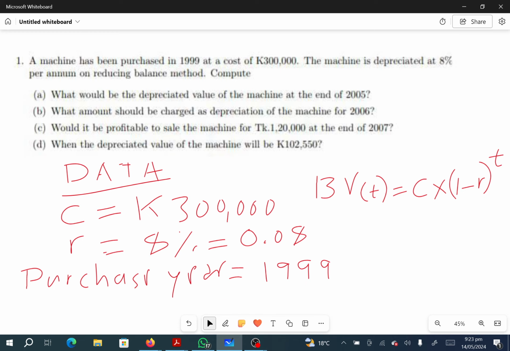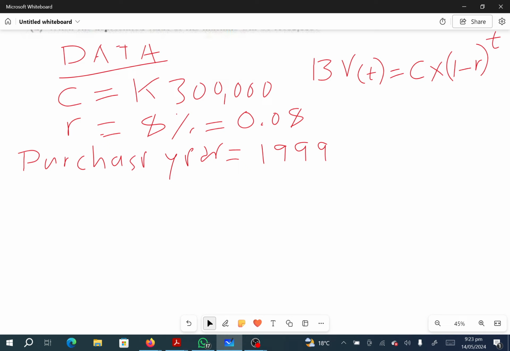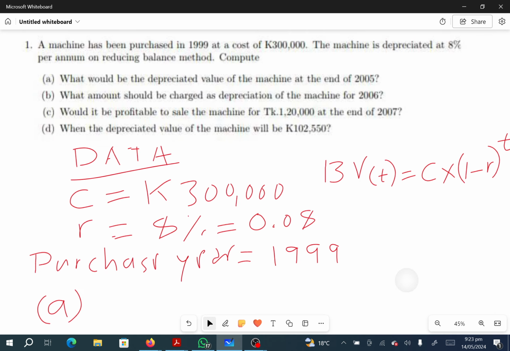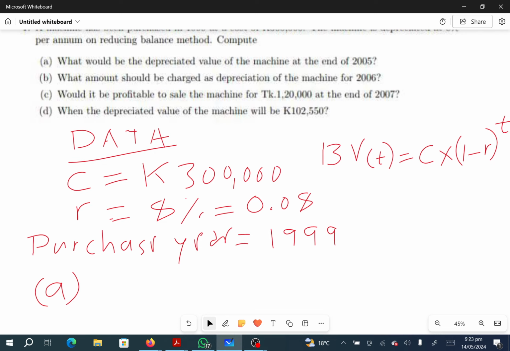So from the question, we now say A. So we are solving now for part A. So part A is asking us what would be the depreciated value of the machine at the end of 2005.